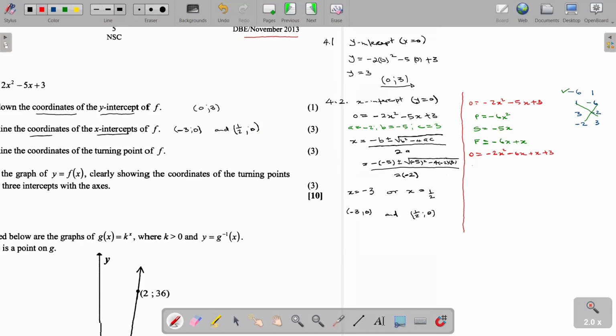Then we factorize by grouping. So we concentrate on the first two terms. The common factor there is negative 2x. Then we are left with x plus 3.